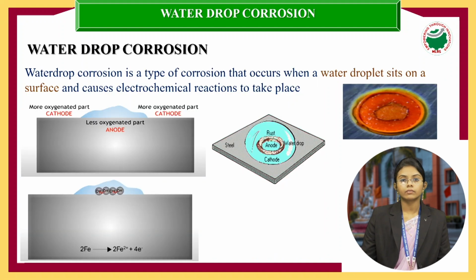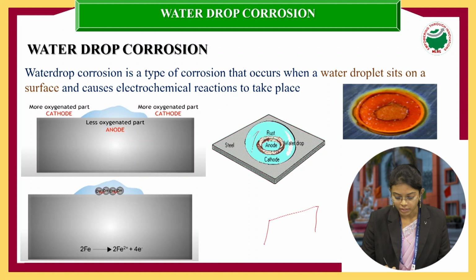We have one more type of differential aeration corrosion, that is water drop corrosion. From the word we can say, if you take any metal surface and place a drop of electrolyte or a drop of water on it, the metal which is in contact with the water will get corroded. Imagine you are taking a metal surface like this, and a water drop or whatever electrolyte solution has fallen on the metal surface.